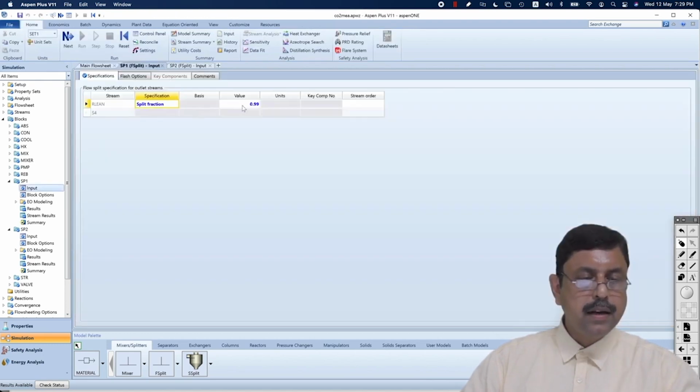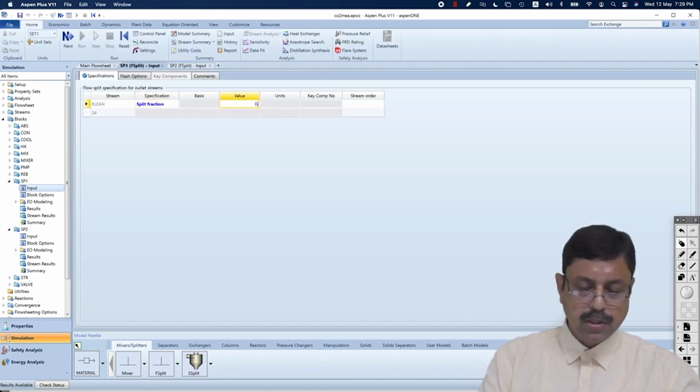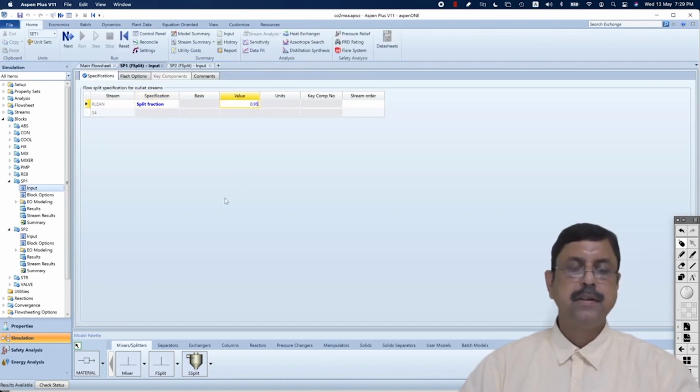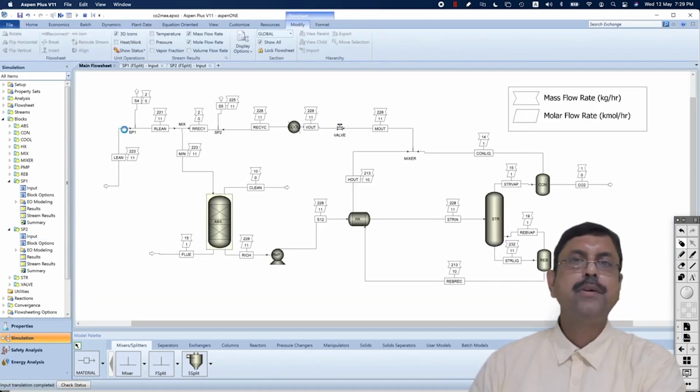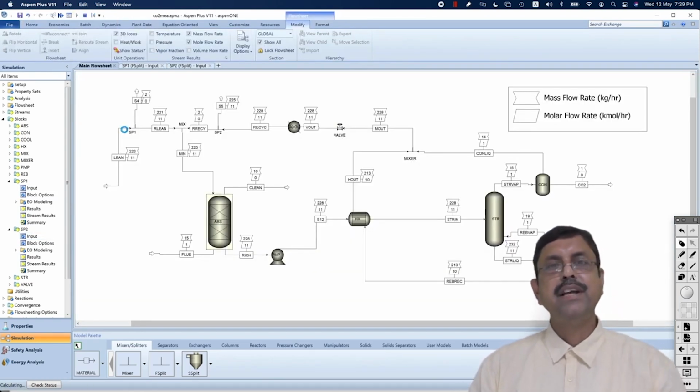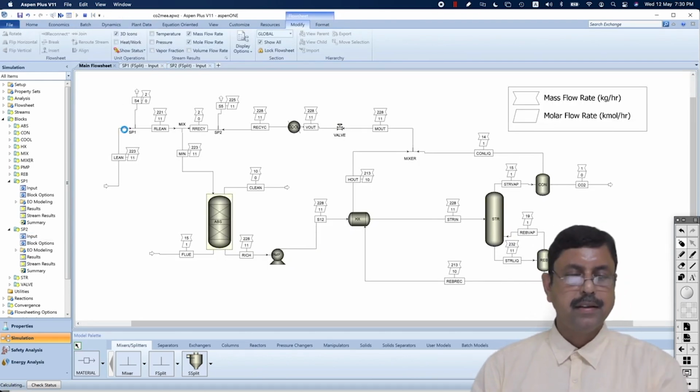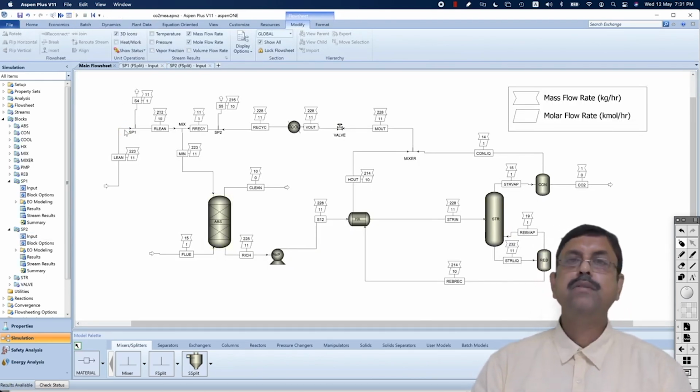Now we decrease the lean amine portion to 95% and increase the recycle portion to 5%. Okay. Then run. So gradually we will decrease the fresh amine and increase the recycle. So it has converged again.